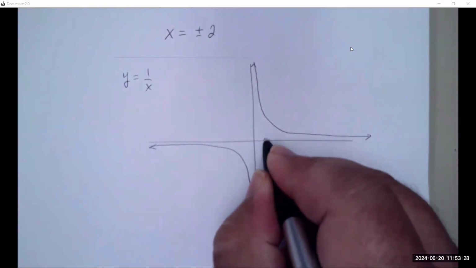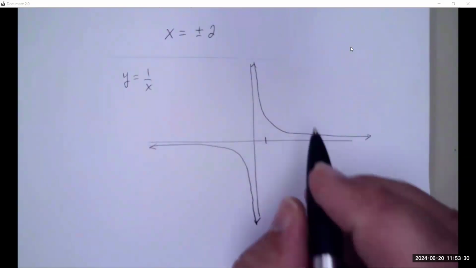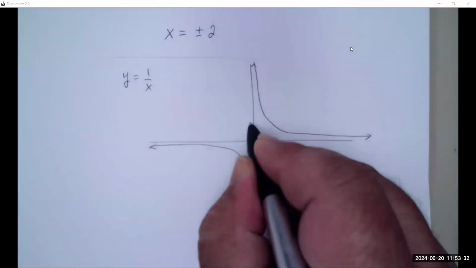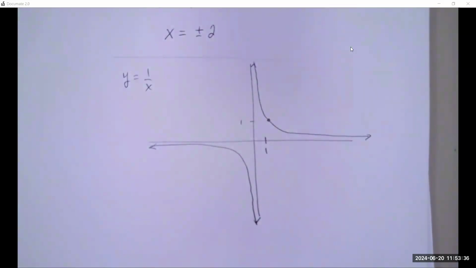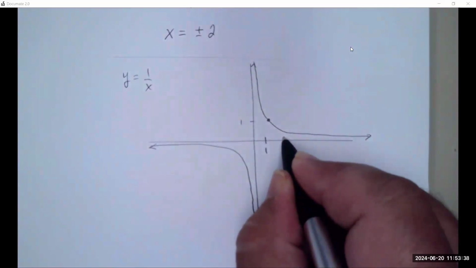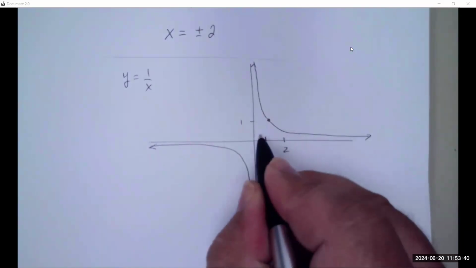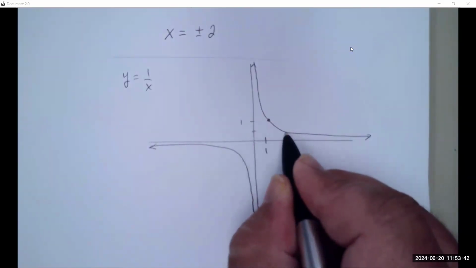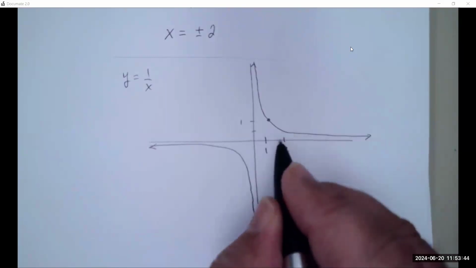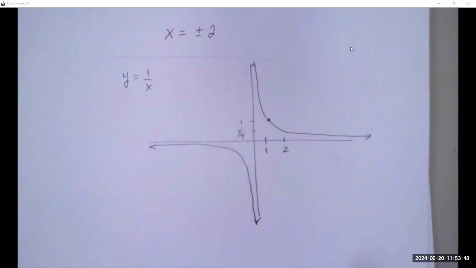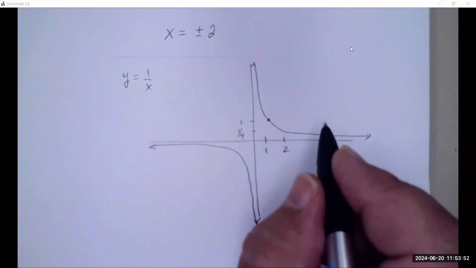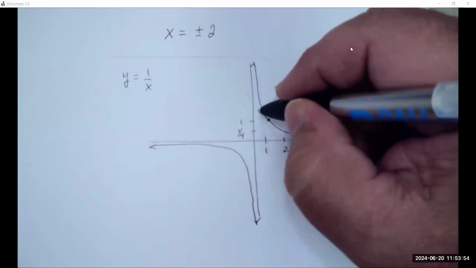So what it said, when x is 1, y is 1. When x is 2, y is 1/4. I'm talking about the slopes.